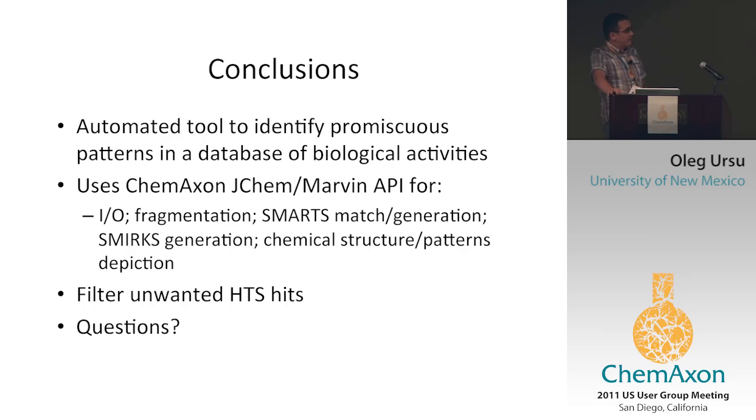I used JChem and Marvin API to do basically all cheminformatics related tasks like input, output, SMARTS, SMIRKS, everything. And you generate a list of fragments with promiscuity scores, and you can assign different color codes to promiscuity scores, and then just use them to filter HTS hits. And if you have any questions?